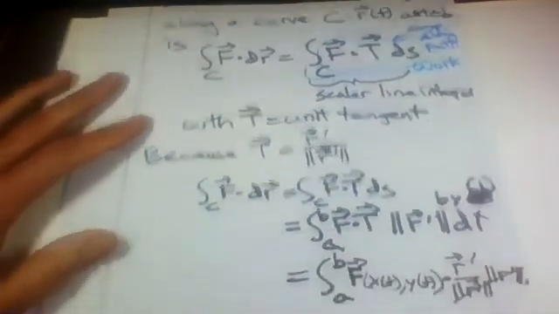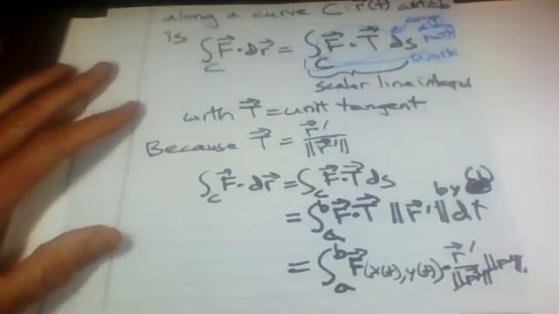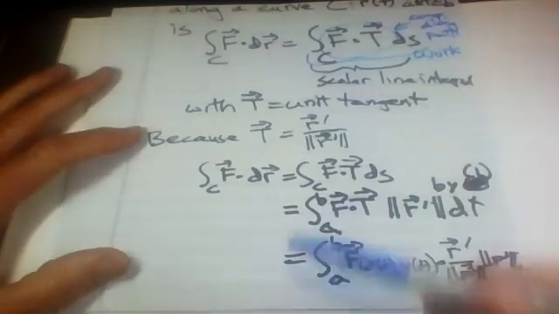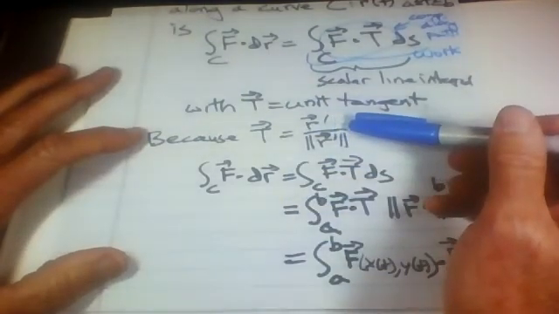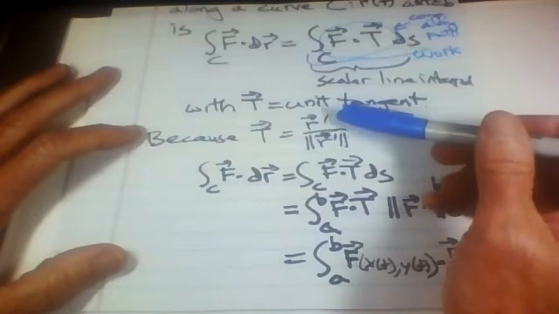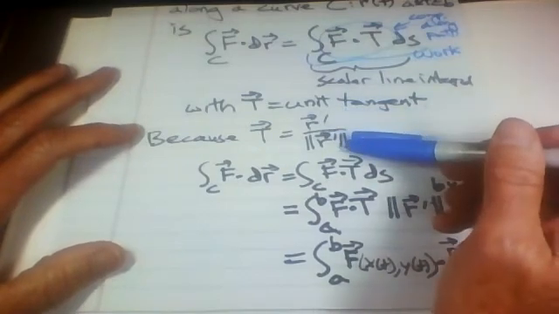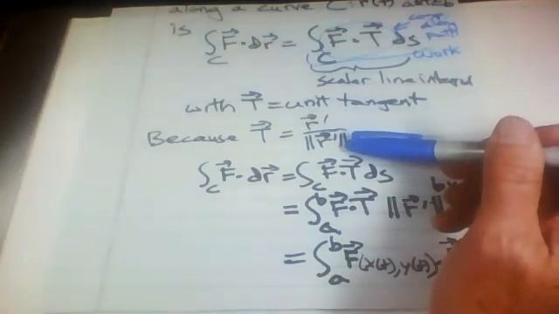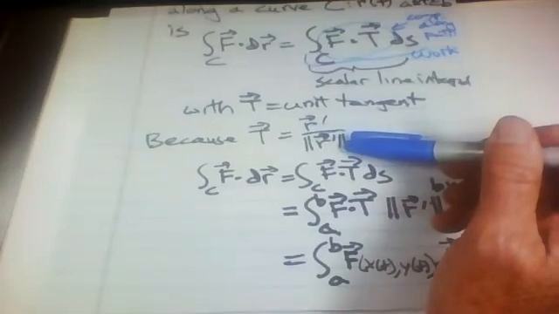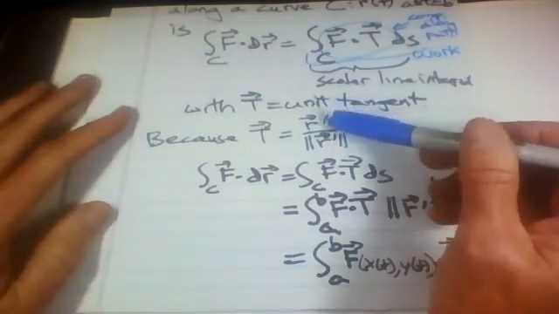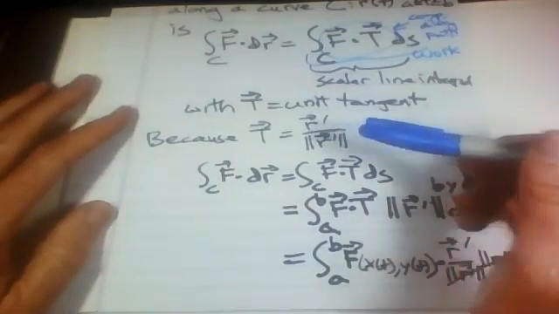Now, how can we evaluate that in a reasonable way? Well, we recall that the unit tangent vector can be computed by r prime, which we call the tangent vector, divided by its length. If you take a tangent vector and divide it by how long it is, you get a unit vector in that direction. So here's the unit tangent as I move along the curve.